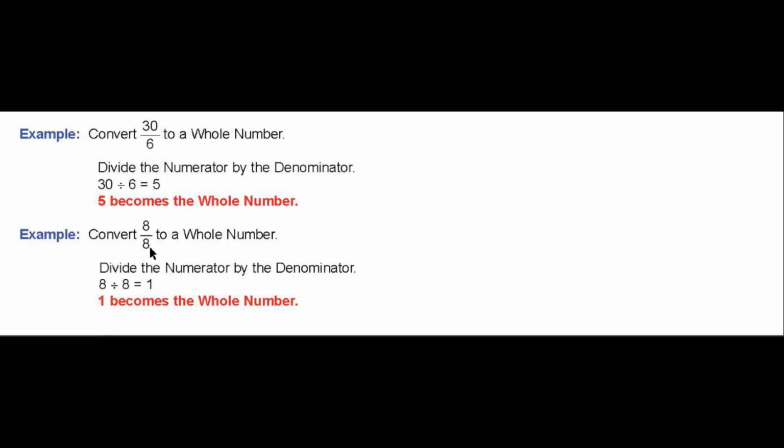The denominator is 8. 8 divided by 8 equals 1. 1 is the whole number. Again, I will repeat. Converting 8/8 to a whole number is 1.